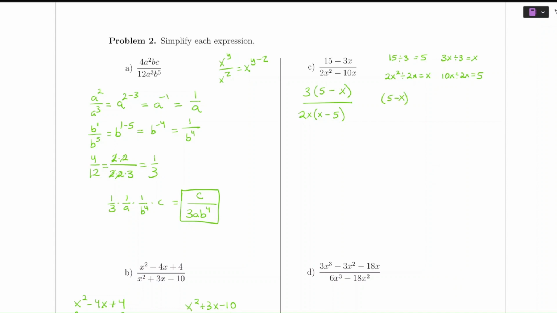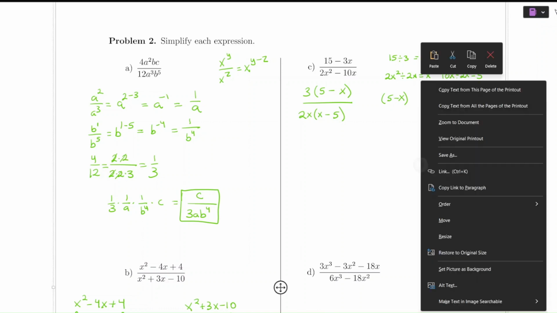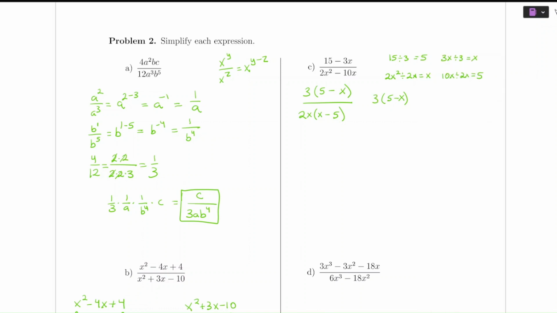Right now I have 3 times 5 minus x. If I instead decide to do negative 3, so I'm kind of taking out a negative, this would change to negative 5 plus x.